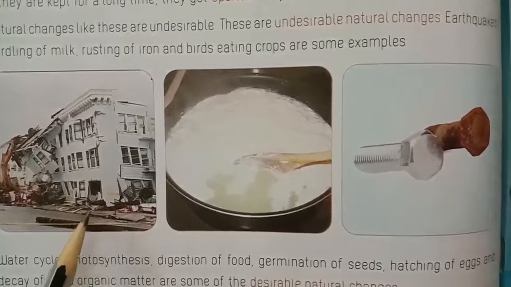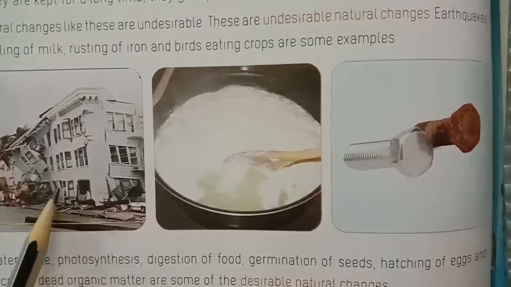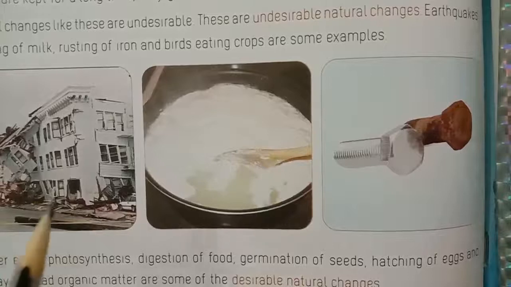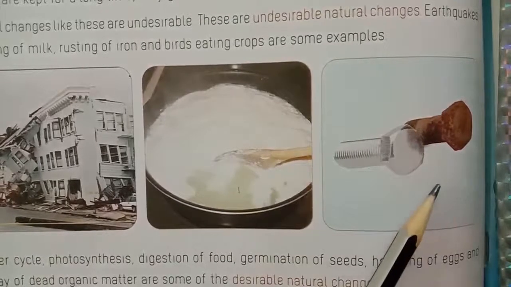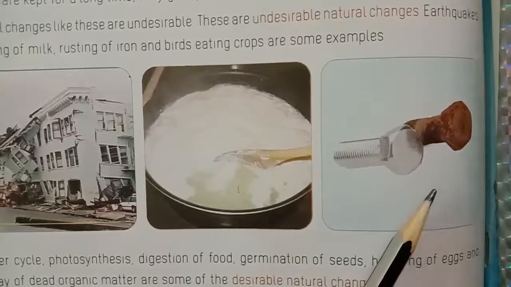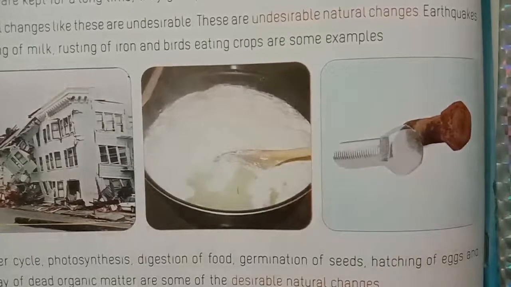These are undesirable natural changes: earthquakes, curdling of milk, rusting of iron, and birds eating crops are some examples.